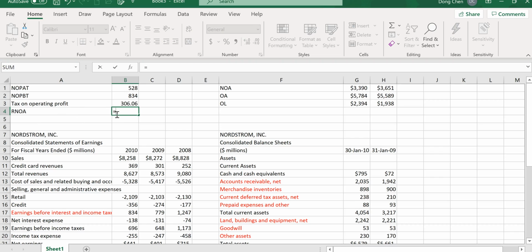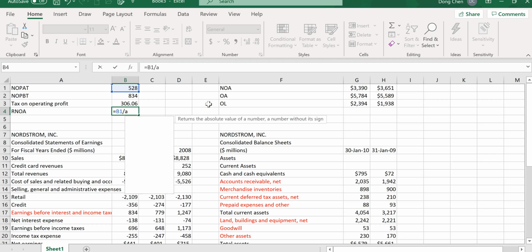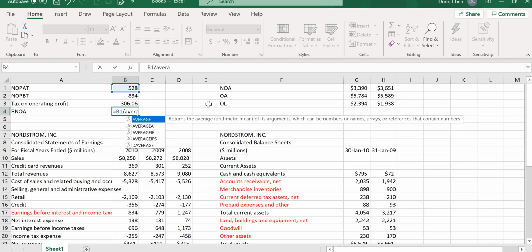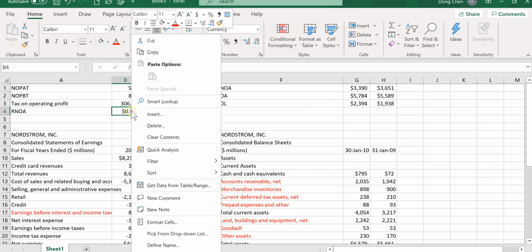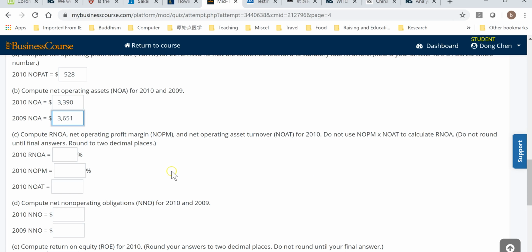This is basically defined to be net operating profit after tax divided by the average of the net operating assets of the two years. So we just use the AVERAGE function in Excel, open parentheses, take the average of these two cells, and close the parentheses. Then we just need to pay attention to the rounding requirement here.